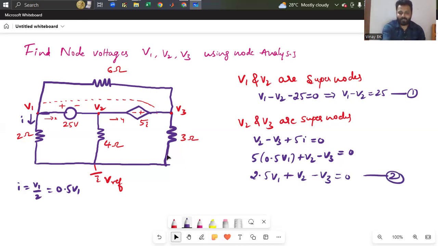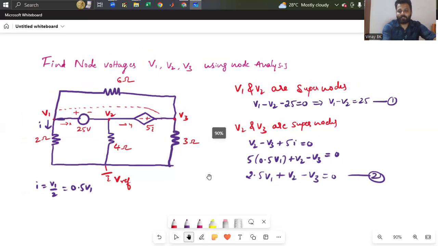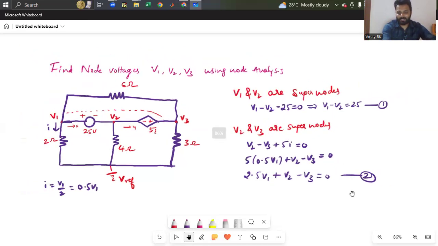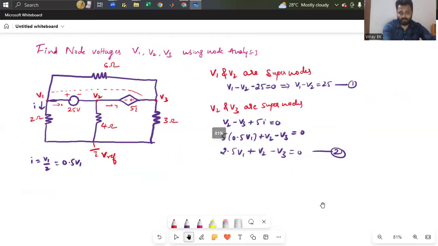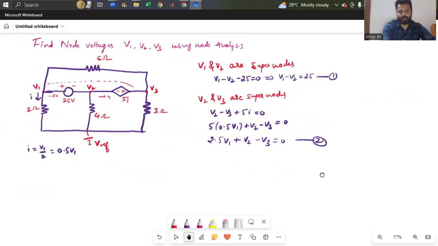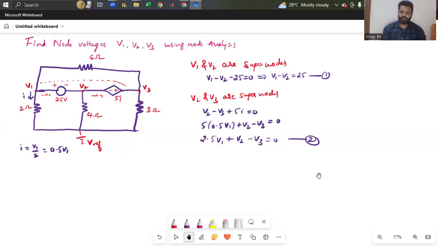This is equation number 2. So now what we have to do? We need to follow the supernode steps, that is, algebraic sum of current meeting at supernodes equals 0. So that we need to write now. Before that, we need to give the direction of current. So I, they are only given.